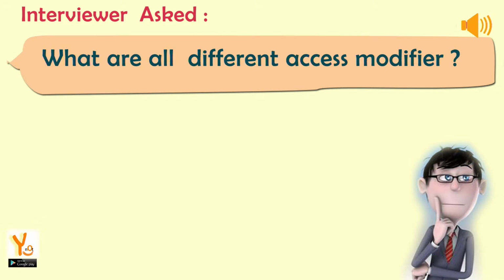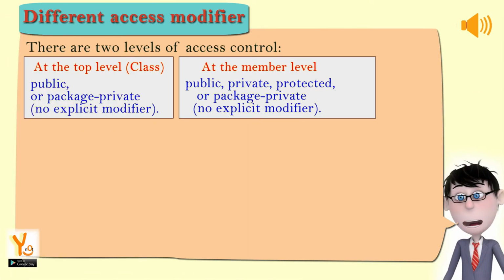What are all the different access modifiers? There are two levels of access control. First is, at the top level or class level, the access modifiers are public, and package private or default. Other is, at the member level, the access modifiers are public, private, protected and package private or default.